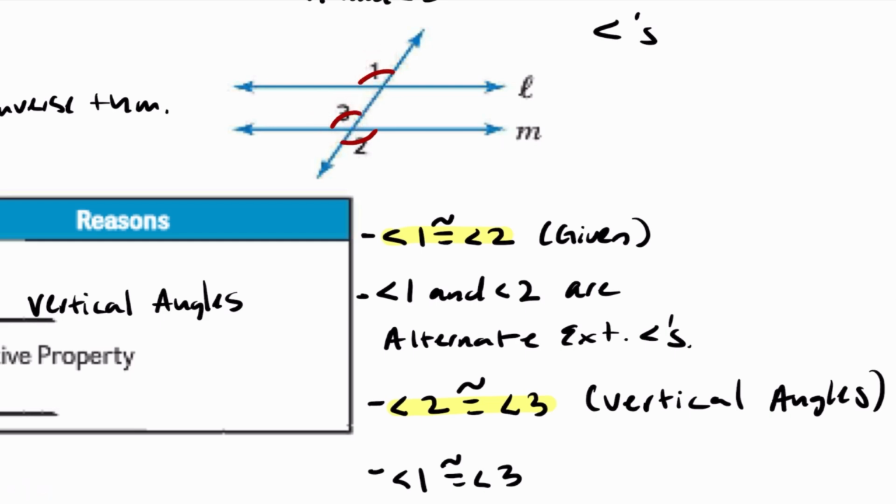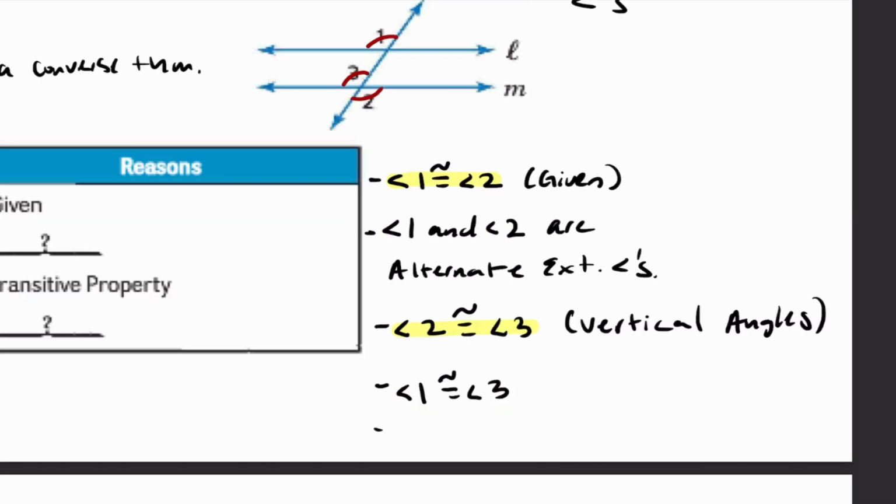What type of angles are angle 1 and angle 3? They are corresponding angles. If you're standing over here, it's kind of like saying you're standing over here. So my note would be angle 1 and angle 3 are corresponding.